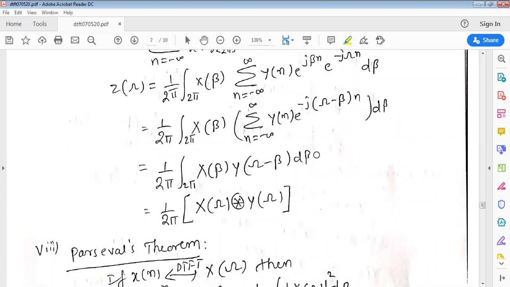What will you tell? x of k into h of n minus k, I'm giving you on the right hand side. What is this multiplication? Sir, it is convolution.